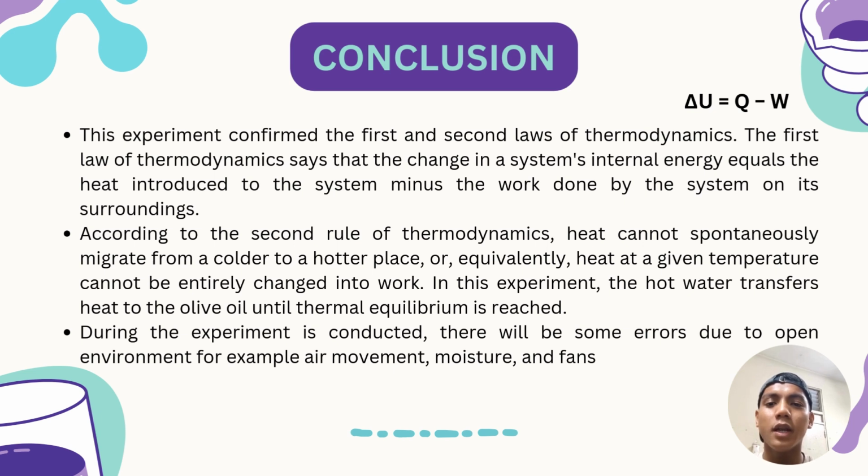According to the second law of thermodynamics, heat cannot spontaneously migrate from a cooler to a hotter place, or equivalently, heat at a given temperature cannot be entirely changed into work. In this experiment, the hot water transfers heat to the olive oil until thermal equilibrium is reached.